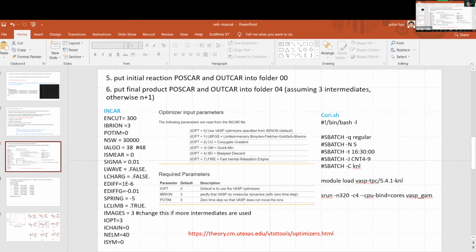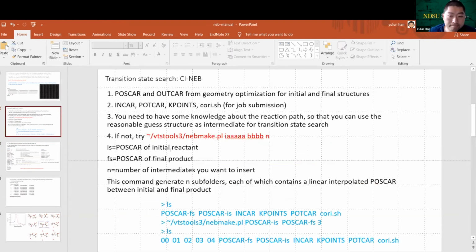Okay. So, Dr. Han, can you please go to slide number 2? Mm-hmm. For the number of intermediates you want to insert, what does it mean, and how should we specify the correct number? Well, this is just your personal choice, because this number differs from system to system.